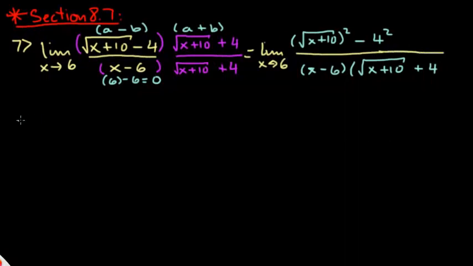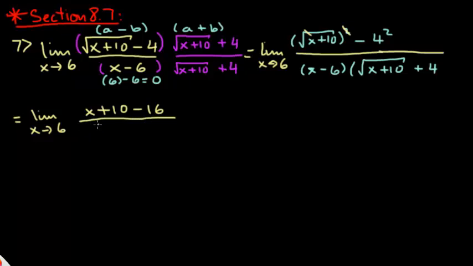Then work out the top and see what we have. The limit as x approaches 6. On the top, the square and square root cancel off, giving x plus 10 minus 4 squared, which is 16.